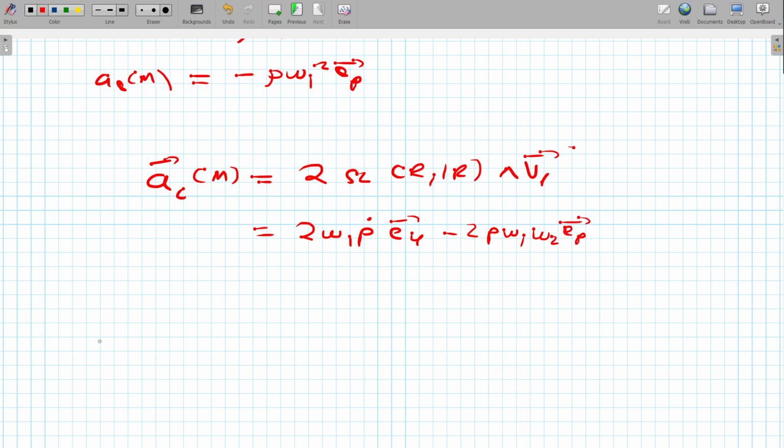And then the last one is about finding the absolute acceleration. Absolute acceleration is going to be the sum of the 3 accelerations that we found.